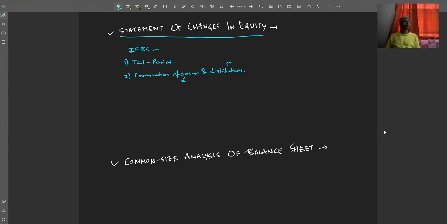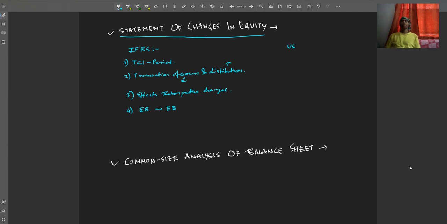This is basically the question. The third is effects of any retrospective changes. So let's say some accounting standards have changed and for that some changes in equity values have happened. Is that the case? That has to be mentioned. And the fourth point is a reconciliation of the components or the value of the equity components at the beginning of the year and the end of the year. A reconciliation of this is required.